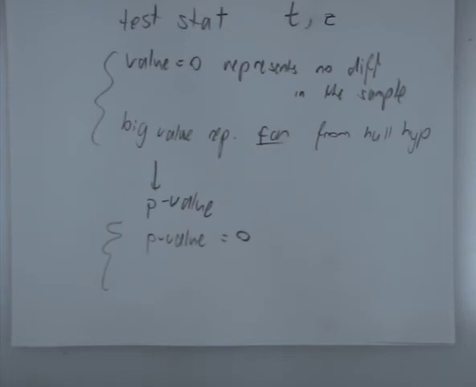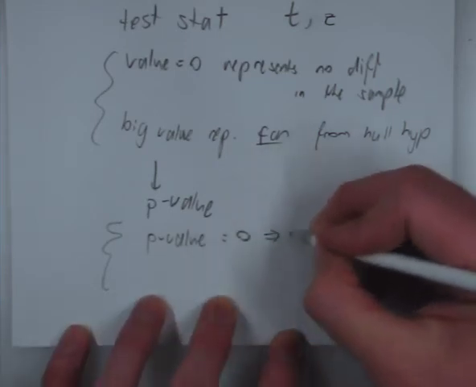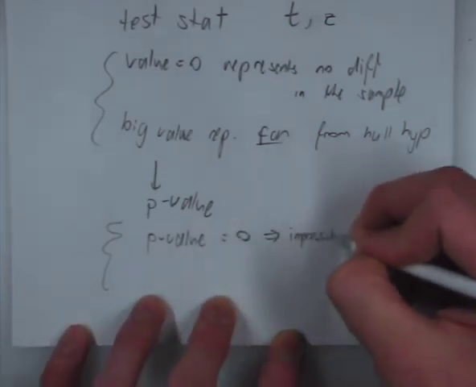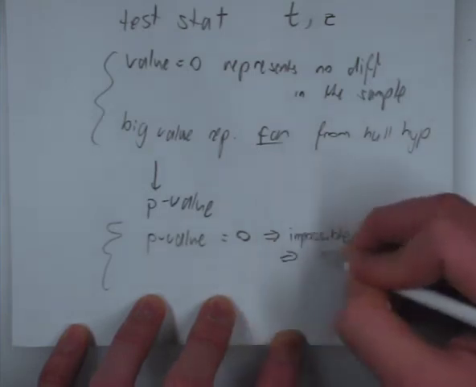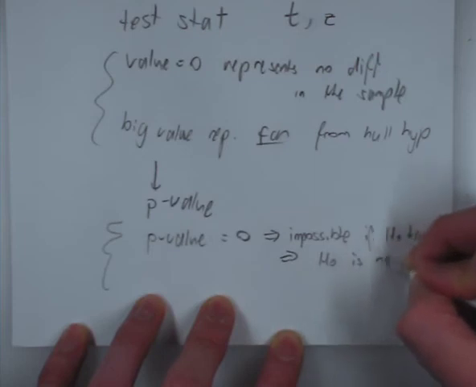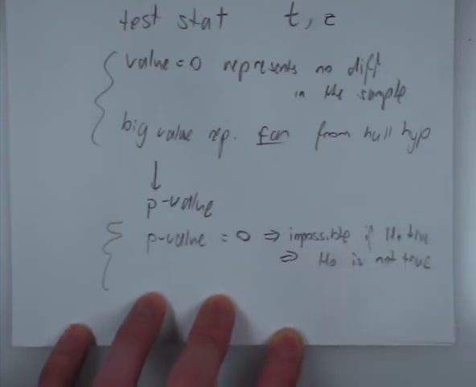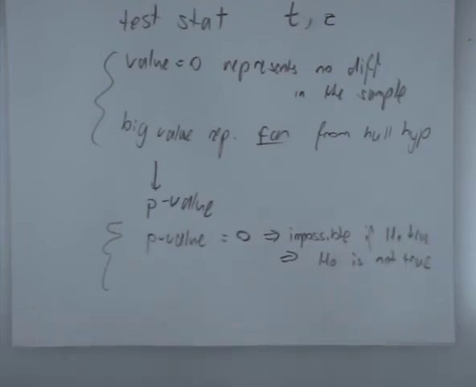So it's impossible if H0 is true, so we conclude that H0 is not true. Whereas a p-value of 1 means that this always happens if the null hypothesis is true. And so we conclude that the null hypothesis is in fact true, because if it was, this would happen every time. And there are grades between there.